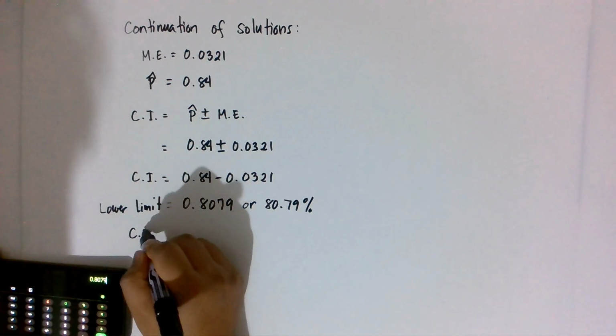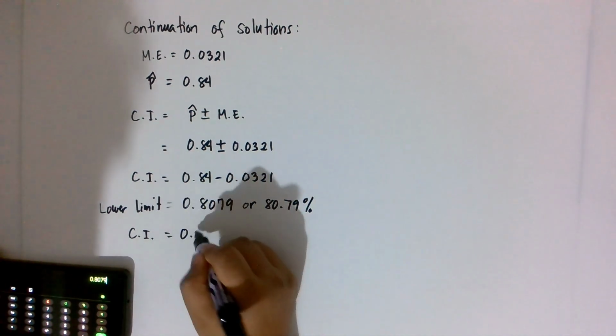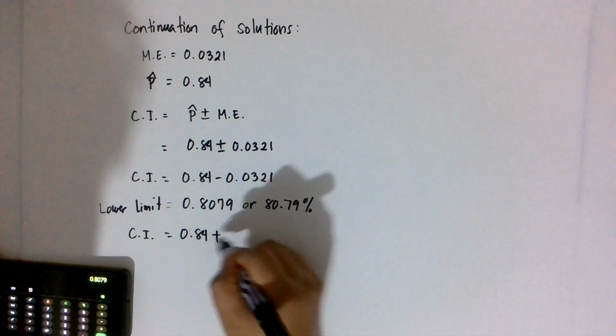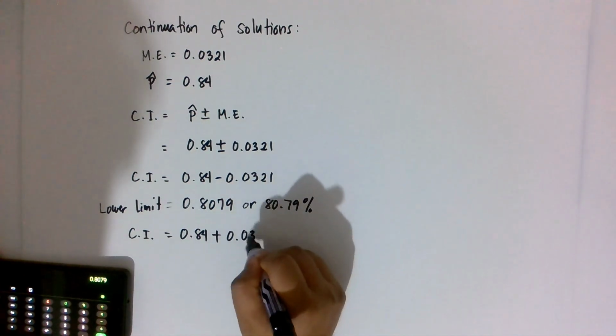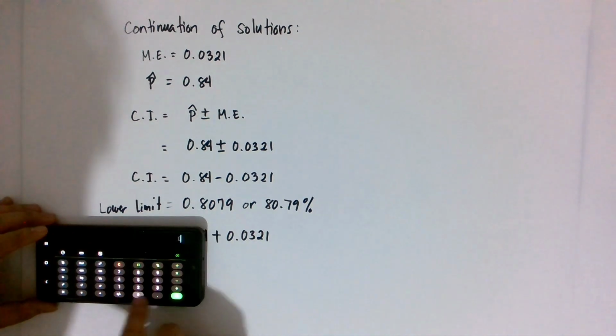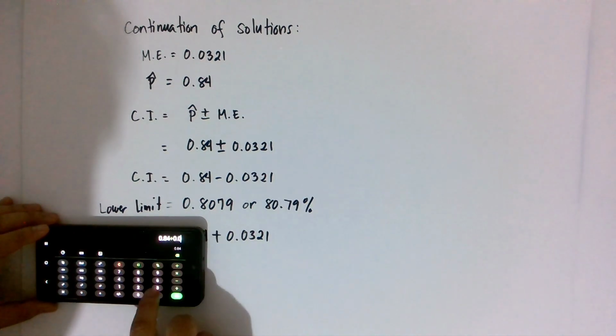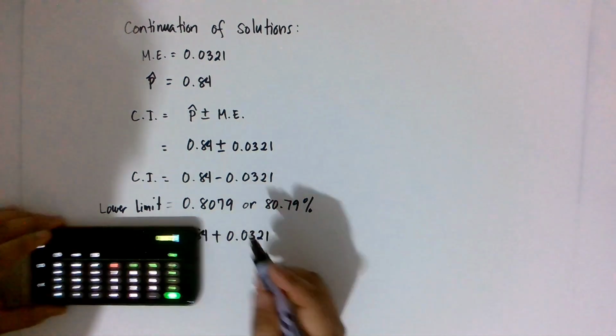How about the addition of P hat and then the margin error? So, 0.84 plus 0.0321. So, pag pinag-plus natin to, mas lalaki to. So, ito naman yung tinatawag nating upper limit. Okay?